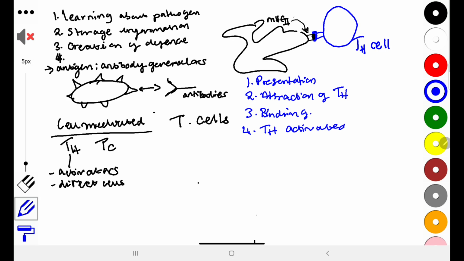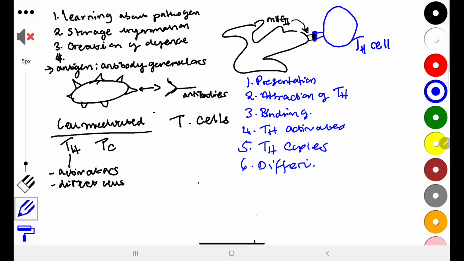So what do we mean when we say activated? What happens next? So in this case, we've seen that there's attachment, the T cell becomes activated, then what? All right? So what happens now is that they make copies of themselves, all right? So the T helper cell will make copies of themselves, and then they will differentiate.